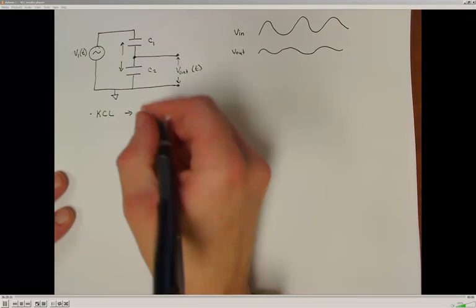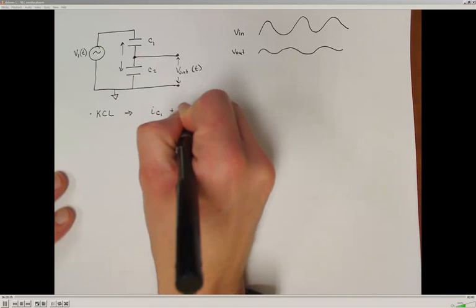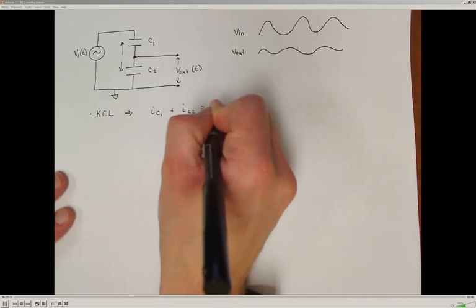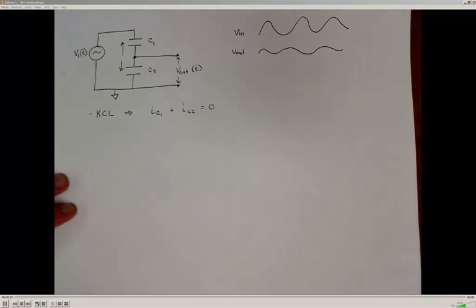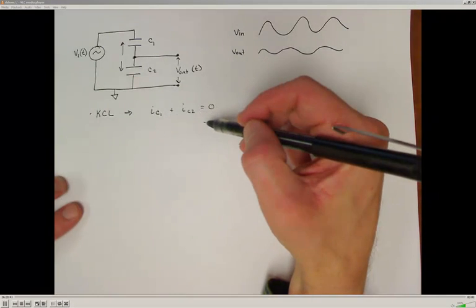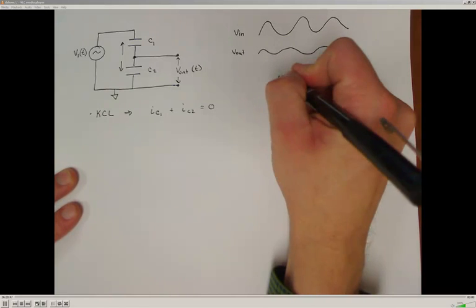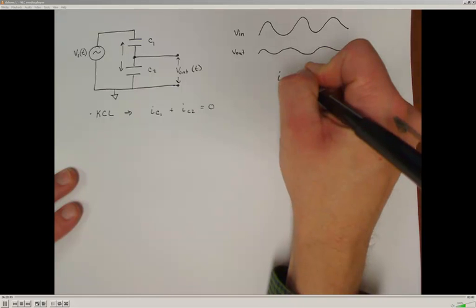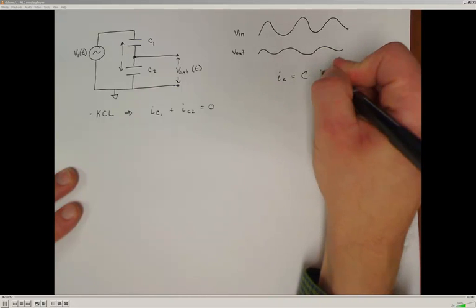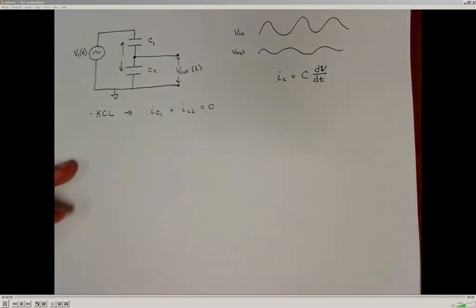All right, so we're going to perform a Kirchhoff's current law balance, and Kirchhoff's current law is going to tell us that the current that passes through capacitor 1 plus the current through capacitor 2 must always sum to 0. And what I'm going to do now is use my current-to-voltage relationship for a capacitive element, which says that the current through a capacitive element is proportional to the capacitance times the rate of change of the voltage, or the potential, across that capacitive element.